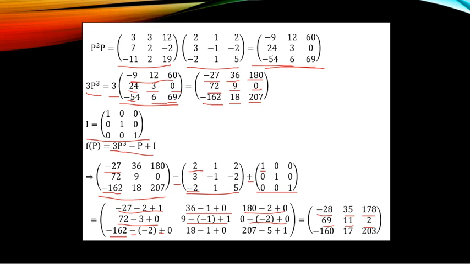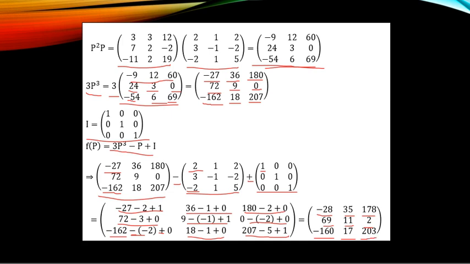Then when you come here, minus here is plus, so you have minus 162 plus 2 plus 0, that is minus 160. Then you have 18 minus 1 plus 0, that is 17. 207 minus 5 is 202, plus 1, you have 203.